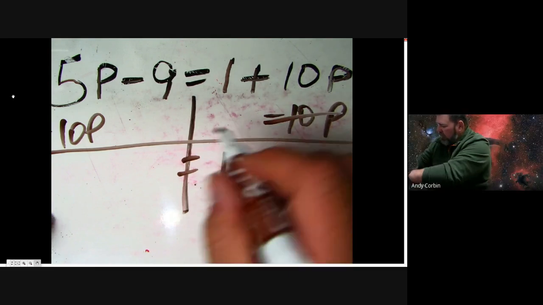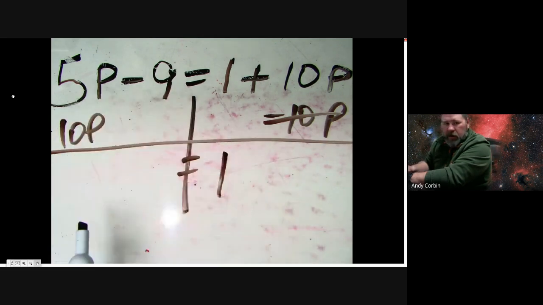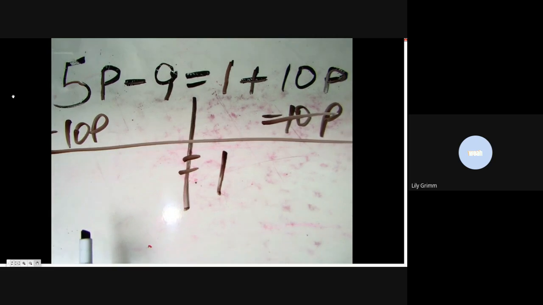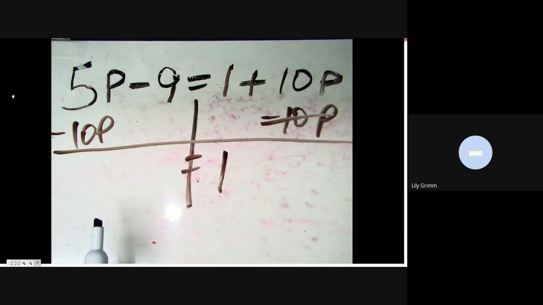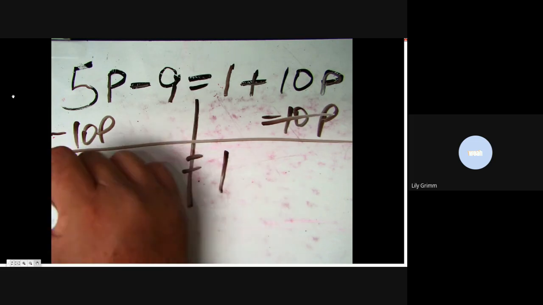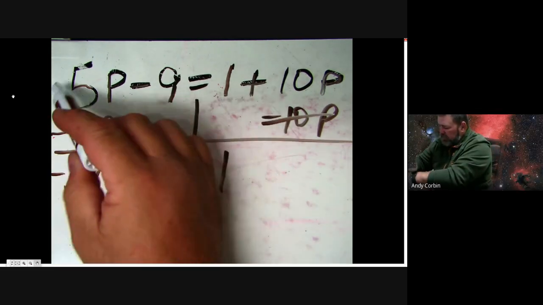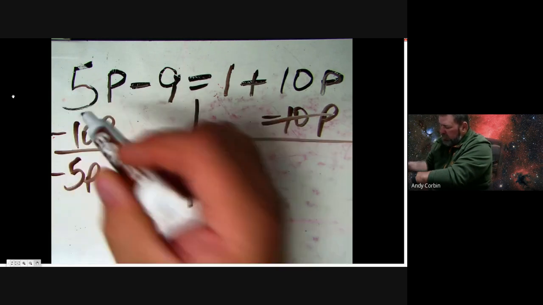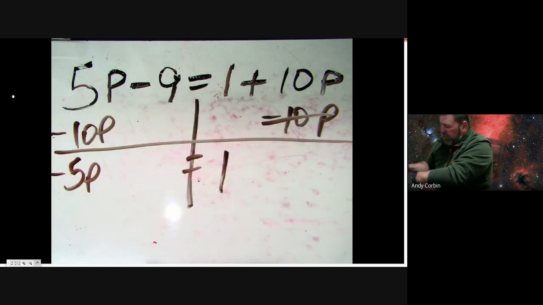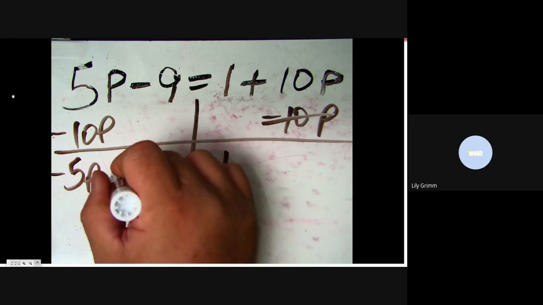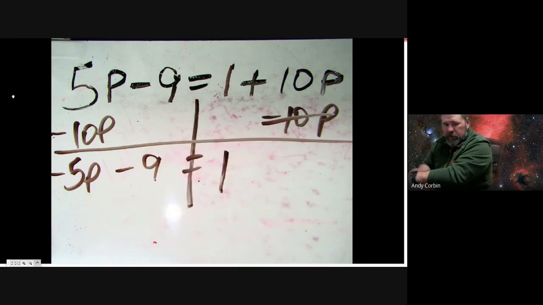Okay. What happens right here? -5p. Yeah, make sure you bring the p with it. Yeah, if signs are different, you subtract, keep the sign of the larger. Okay. You bring down anything? The -1. Good. And now what?